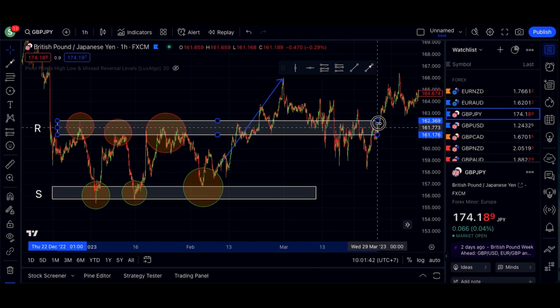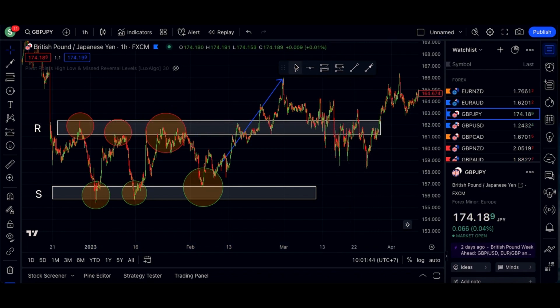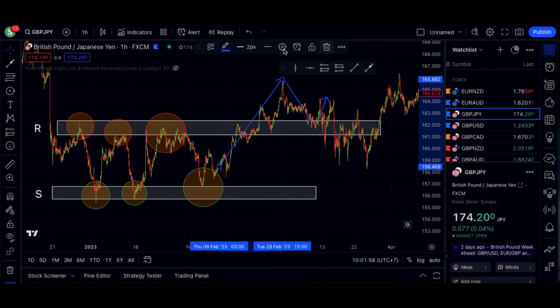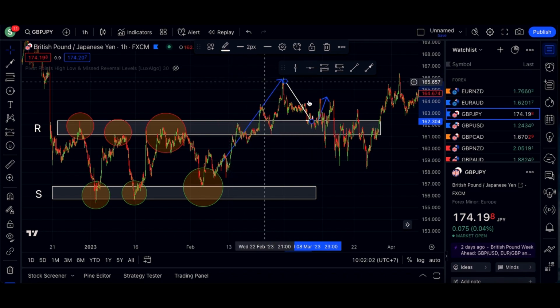of resistance, generally it comes back to retest it. But now it bounces again from here. Hopefully that's clear enough. Let me make it white, probably better. How about that?